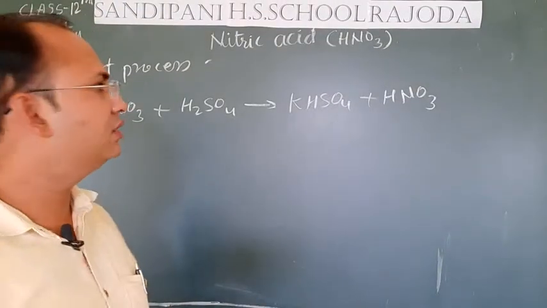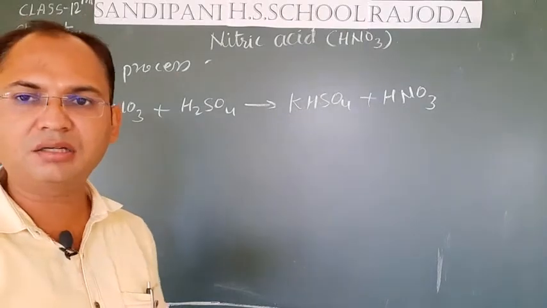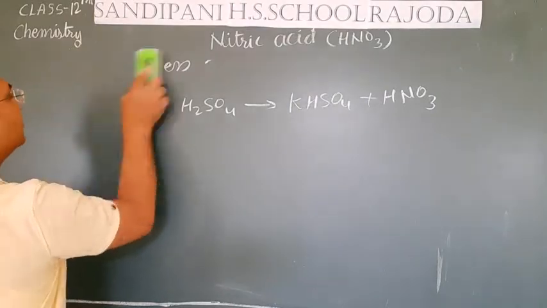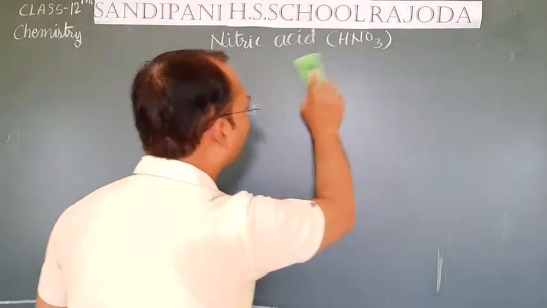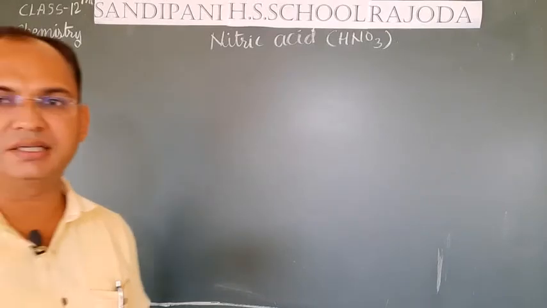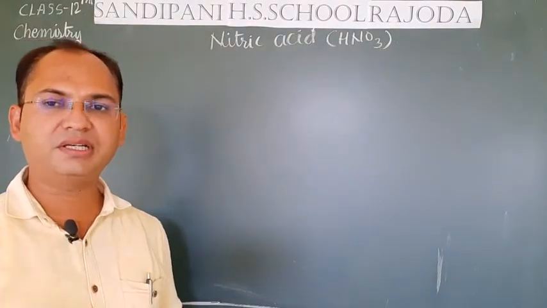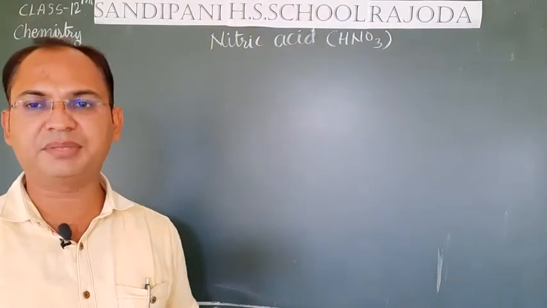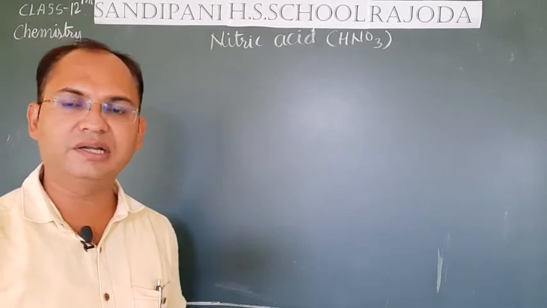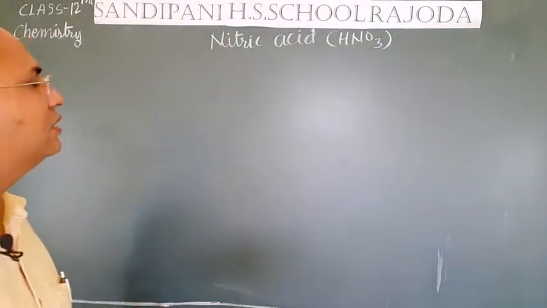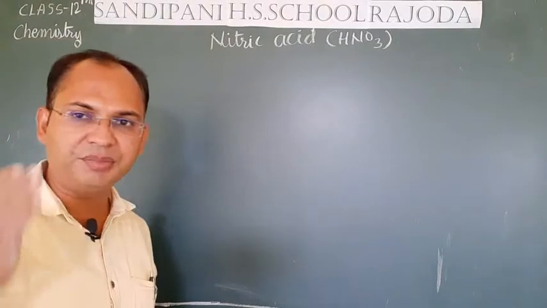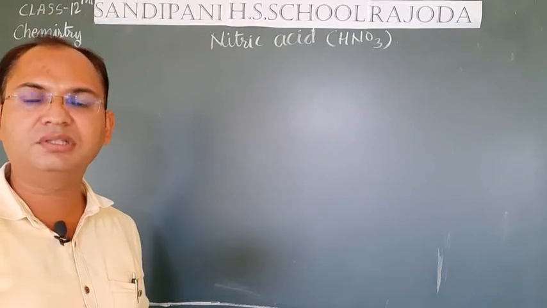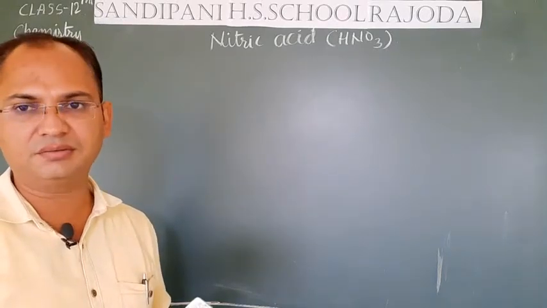Now see the second method, that is the arc process, which is a very important method of preparation of nitric acid, because it uses air to prepare nitric acid. Let's see the main type of reaction which takes place in this process, and then we will see the setup of the apparatus required in this method. The beginning of this process takes place with the reaction of nitrogen and oxygen that are present in air.